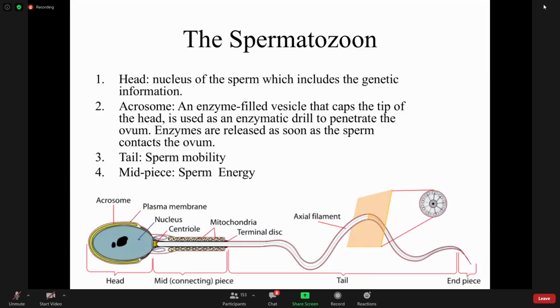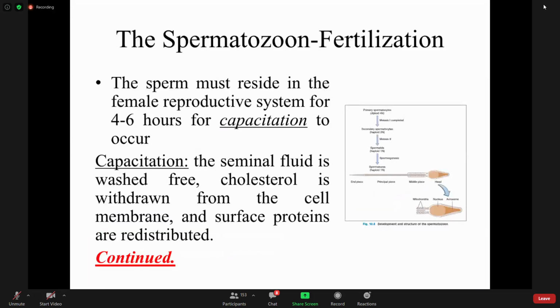We have the acrosome, where inside it we have the acrosomal enzymes that will provide the drill or the force with which the ovum is going to be penetrated. And finally, we have the midpiece, which is basically the energy center of the spermatozoon that is going to give it the energy to be able to travel to the ovum.